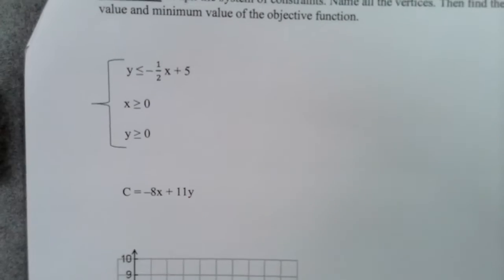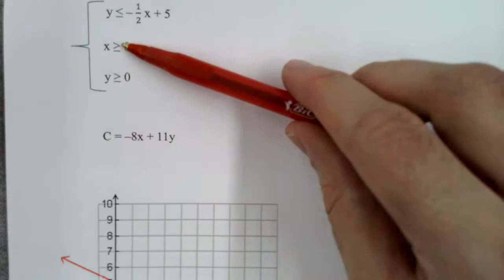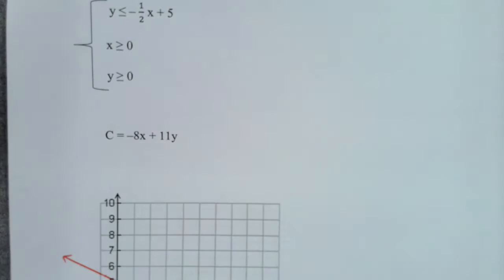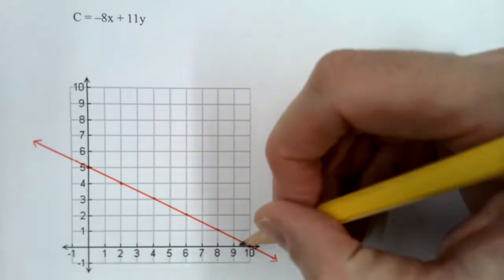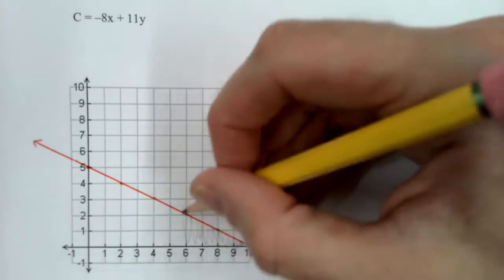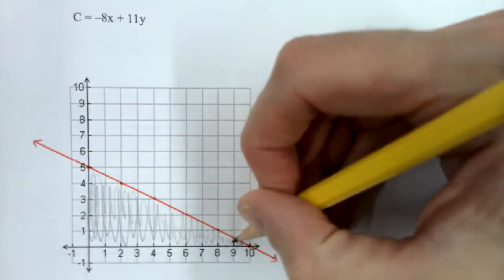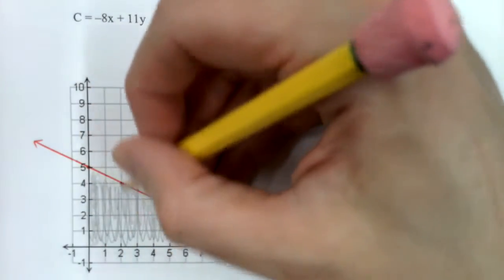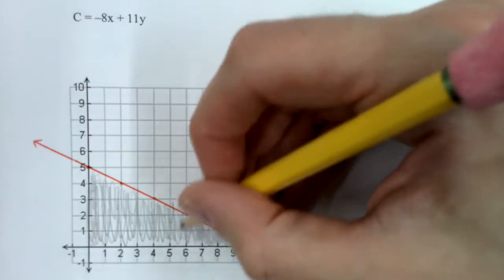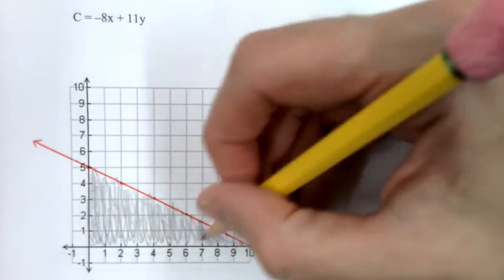So this one is shade below. X is greater than or equal to 0 and y is greater than or equal to 0 means you're in the first quadrant of the coordinate plane. So we're shading below this line and staying in the first quadrant. This is my feasible region, the thing that's being shaded.